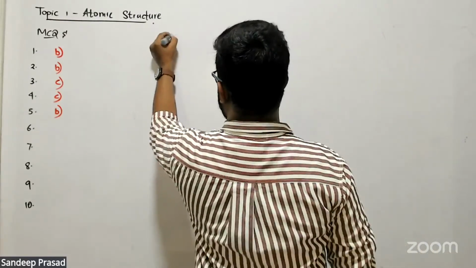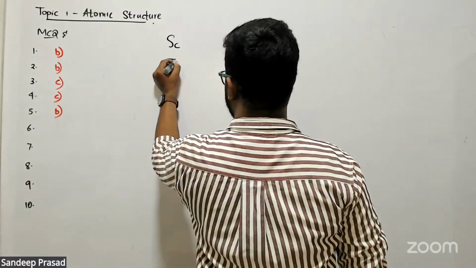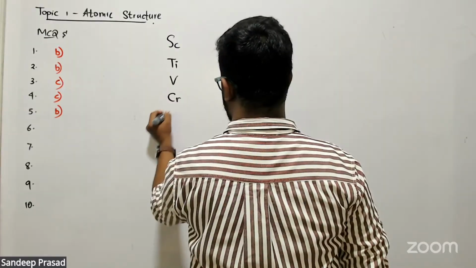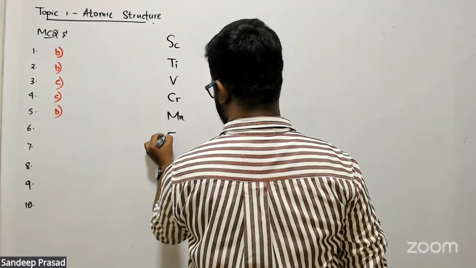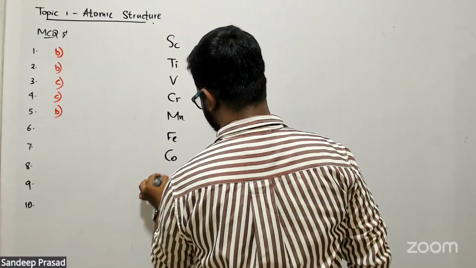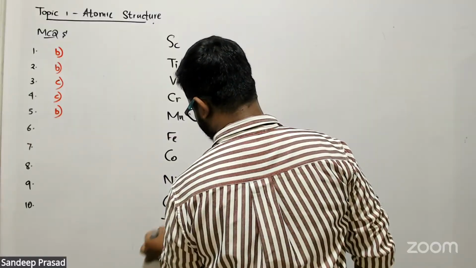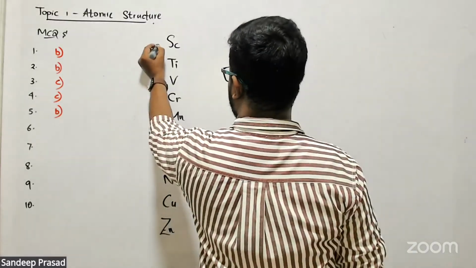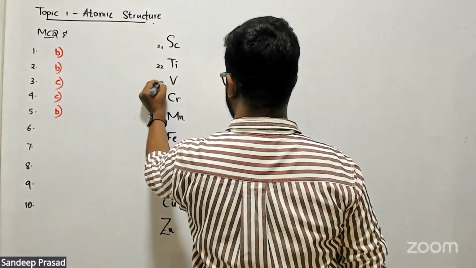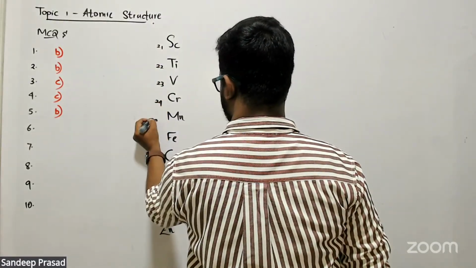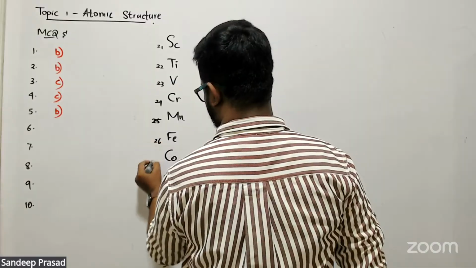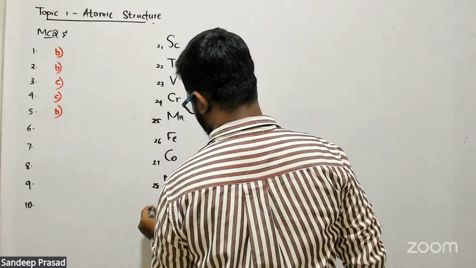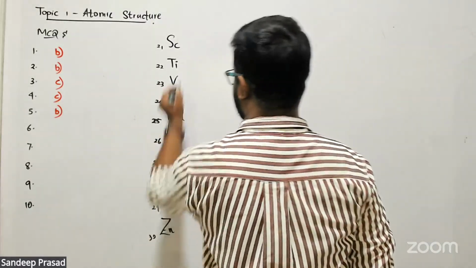Then 21st element, what is it? Scandium, titanium, vanadium, chromium, manganese, iron, cobalt, nickel, copper, zinc, right? 21, 22, 23, 26, 27, 28, 29, 30, right?